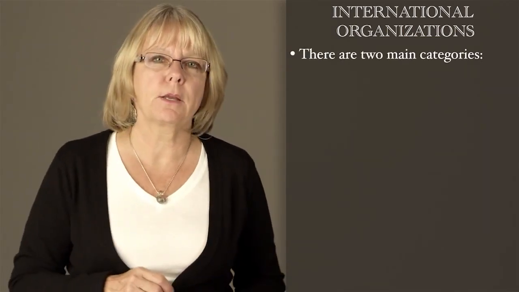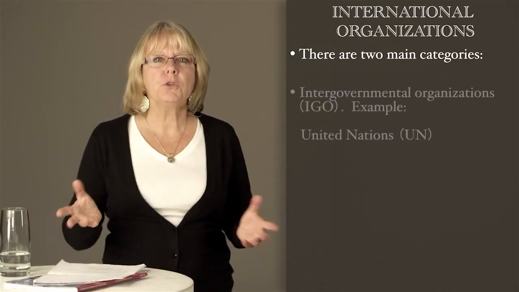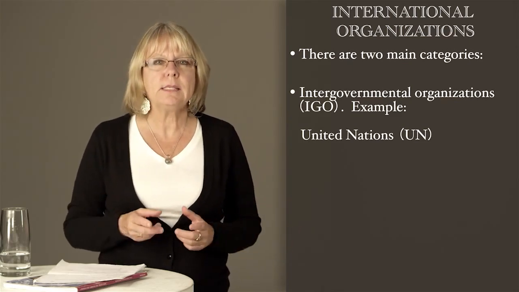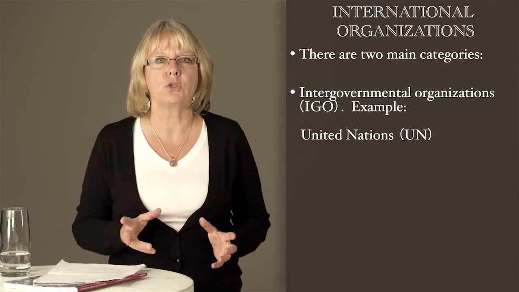International organizations are significant to international business. Many of them just work on issues of international commerce. There are two main categories of international organizations. There are intergovernmental organizations, or IGOs. These are organizations set up by one or perhaps many countries.